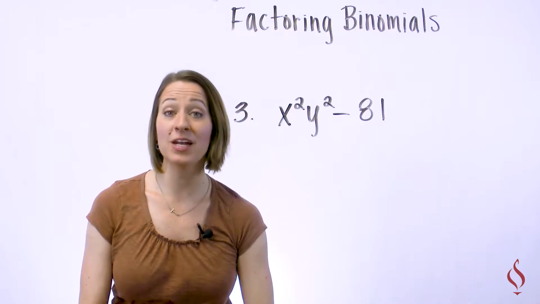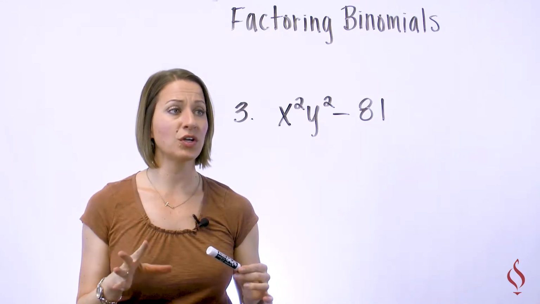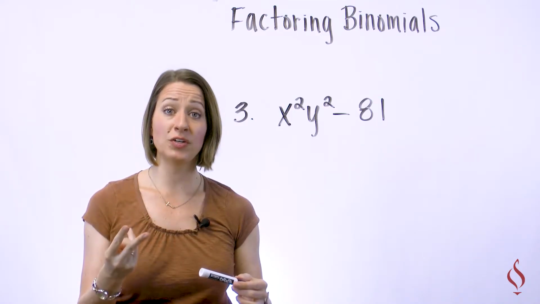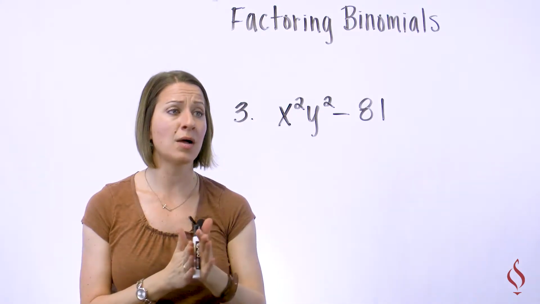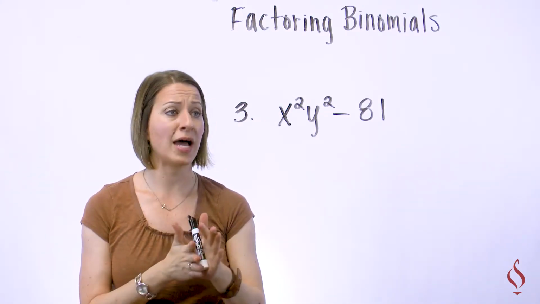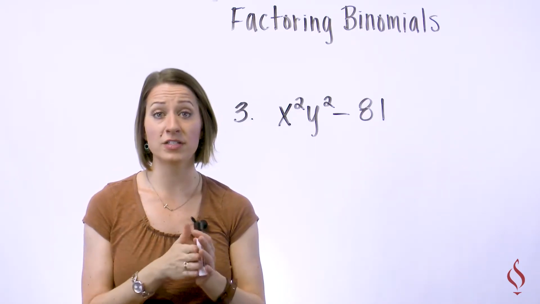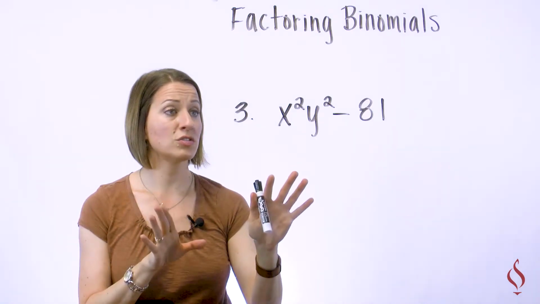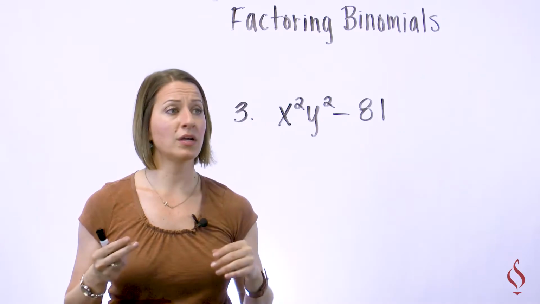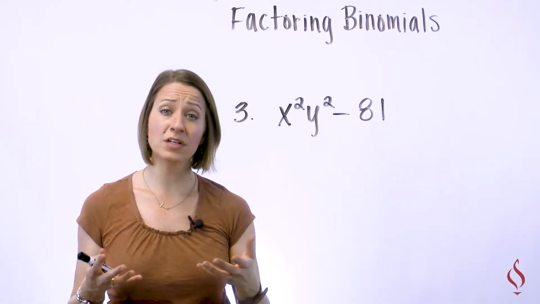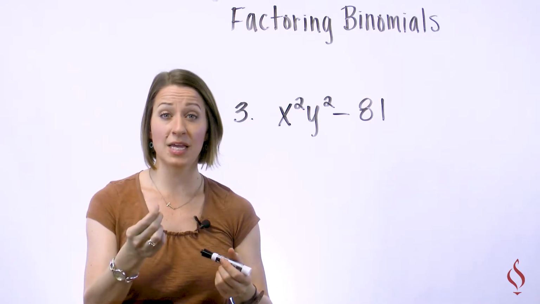You have one more problem that I want to work with you. Take a look at this one. It appears harder because it has 2 variables instead of 1, which makes it look complicated, but it's really not so bad. The first thing to notice is that there is not a common factor, so we just start with this. Even though x squared y squared may look a little different, it really is a perfect square: it's xy times xy.